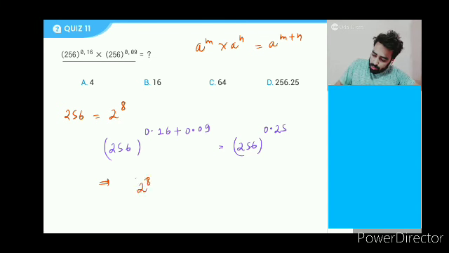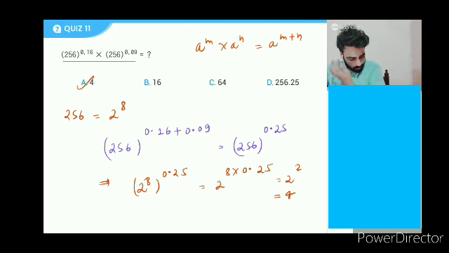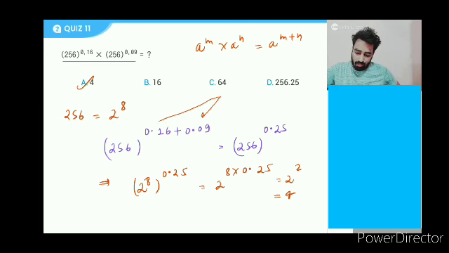So 2 power 8 power 0.25. I can write it as 2 power 8 into 0.25, that is 2 power 2, that is 4. How many of you are able to understand? Like normal laws will be applied.